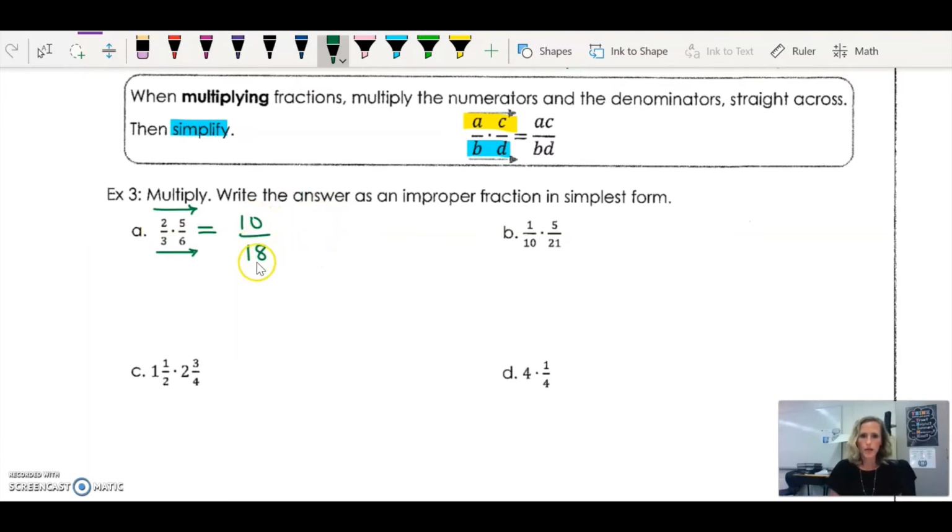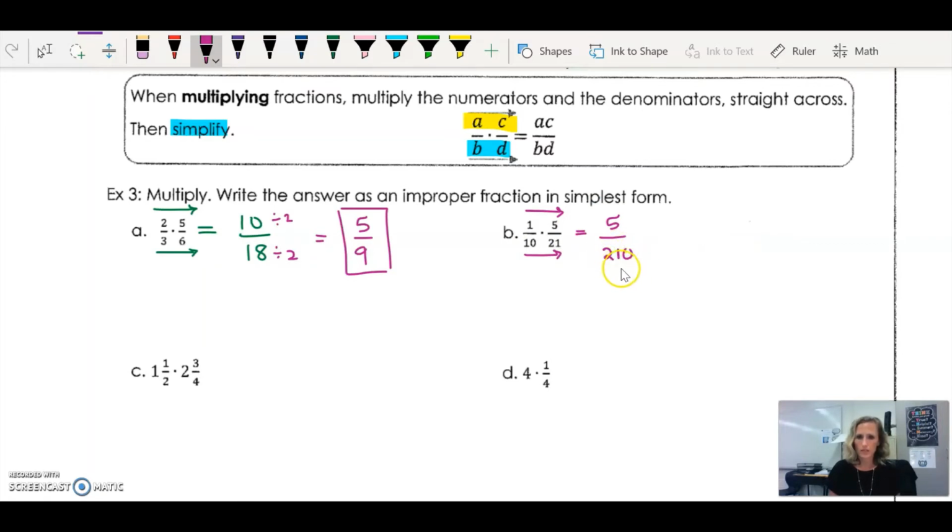Then we could divide by a common factor here. Both of these are divisible by 2. So we'll divide both the numerator and the denominator by 2. 10 divided by 2 is 5, and 18 divided by 2 is 9. Next problem, we'll do the same thing. 1 times 5 is 5, and 10 times 21 is 210.